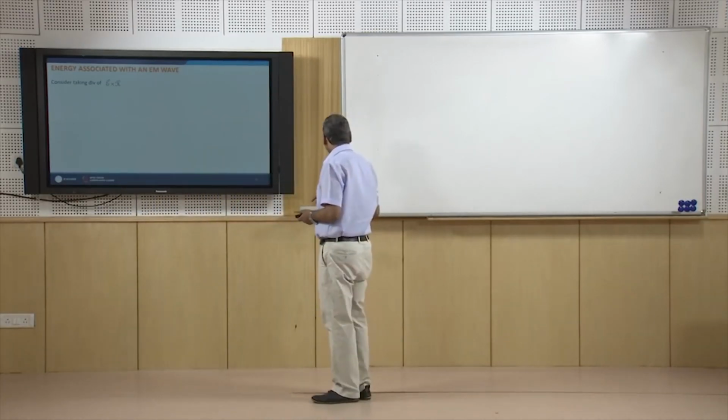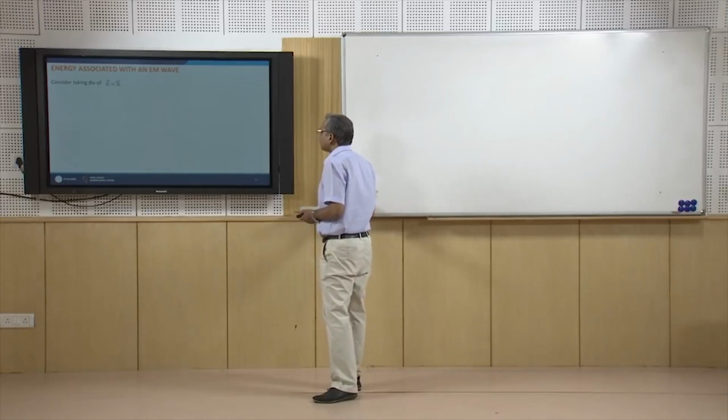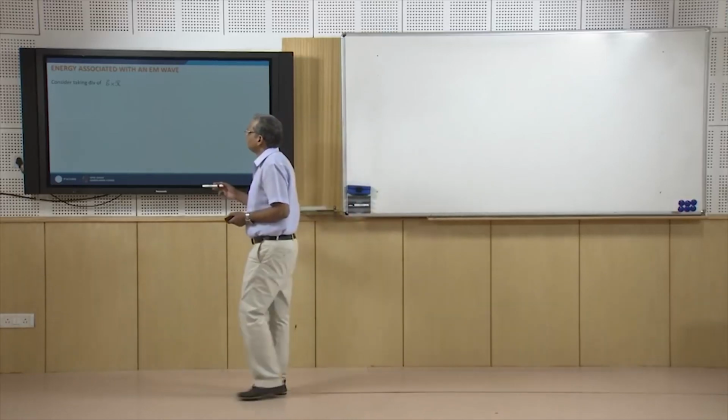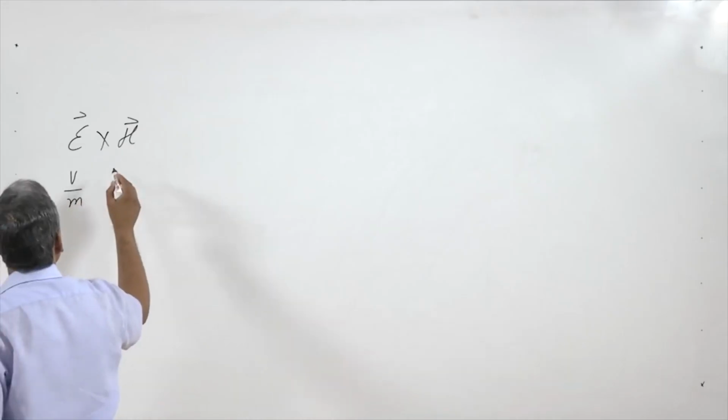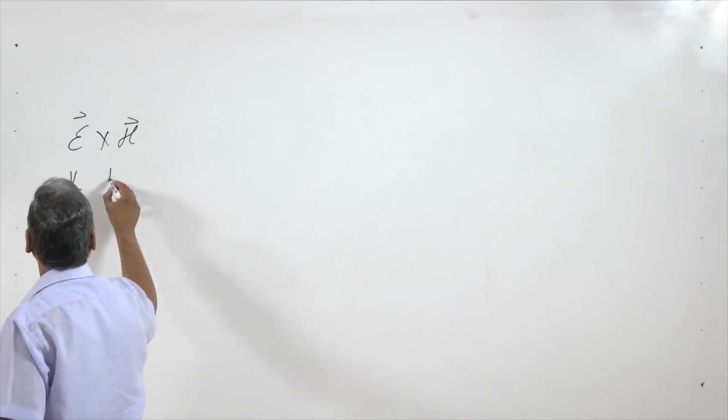And I know that E cross H represents the direction of propagation of the wave. It is in the same direction as the wave vector. I also notice that if I take E cross H, E is volts per meter and H is amperes per meter.